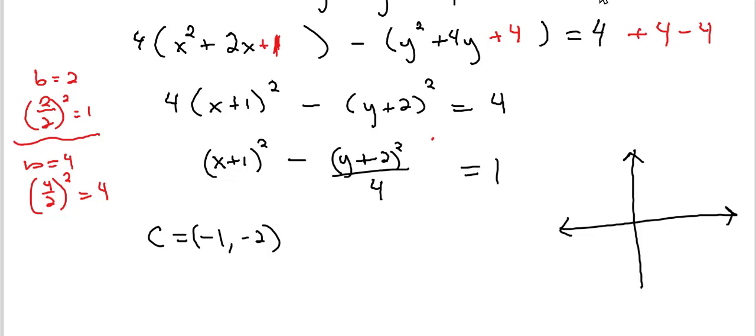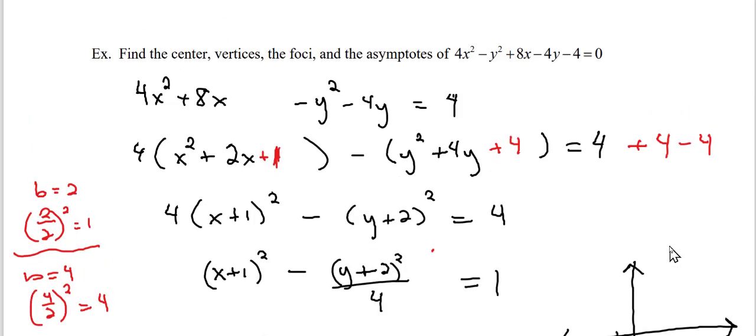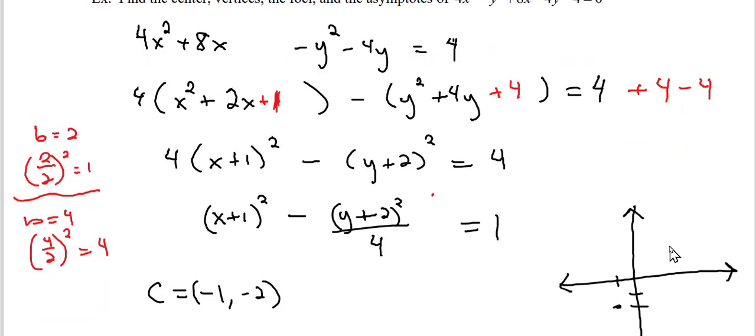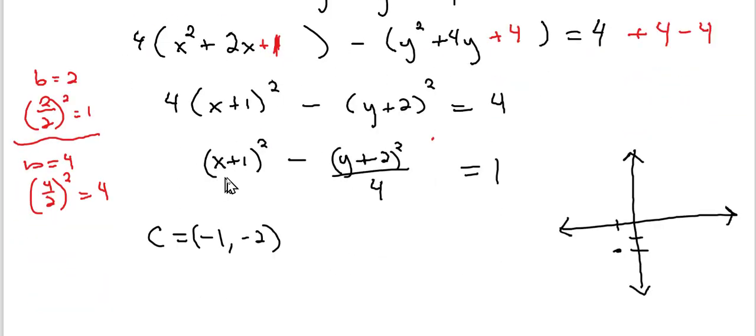So I am going to plot this. -1, -2 would be here. And what other piece of information do I know? This is going to open left and right because the x is positive.